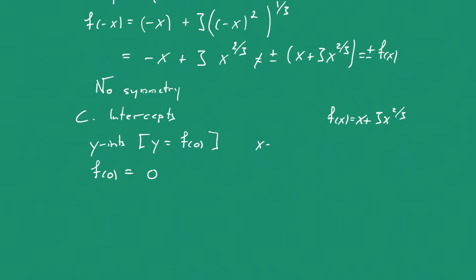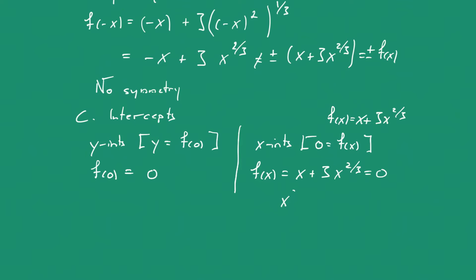And what about our x-intercepts? Well, our x-intercepts happen when we're crossing the x-axis, that's when y is equal to 0. So we ask, when does y equals f(x) equal 0? So if f(x), which we know is x plus 3x^(2/3), is equal to 0, well, notice that we can actually factor x^(2/3) out of the left side of this equation.